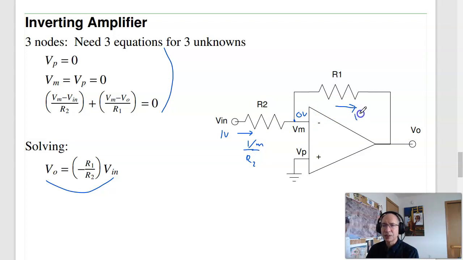So this is also Vin over R2. V equals IR. So the resistance is R1. So this voltage is R1 over R2 times Vin. So this point's ground. That makes the output minus R1 over R2 times Vin. That's an inverting amplifier.